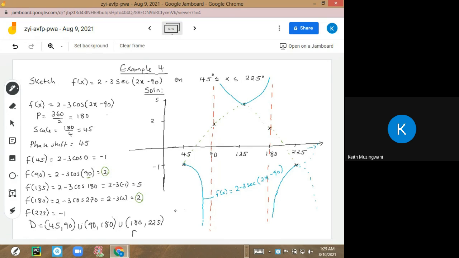Then the range is, I'll start from the smallest interval, from negative infinity all the way up to negative 1 included, union 5 included to positive infinity.